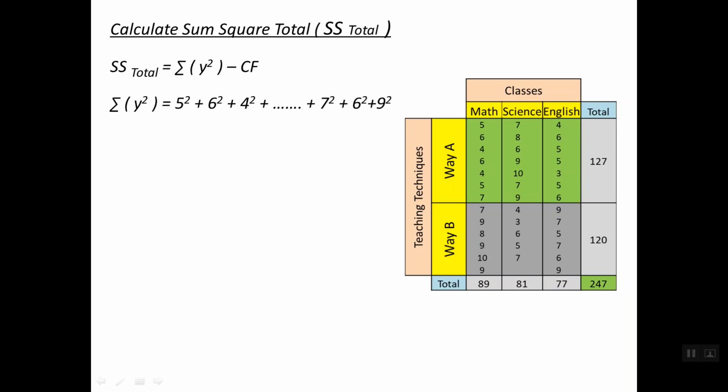So for the summation of the squared observations, we have 38 values. We need to square all of these 38 values. Simply, you can use Excel in order to facilitate this calculation.